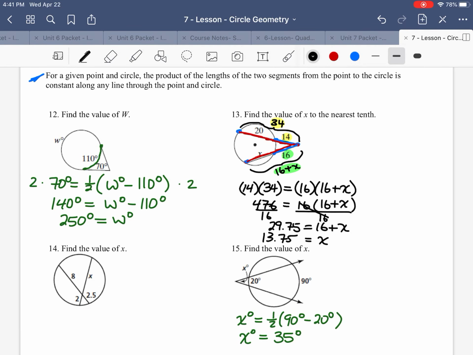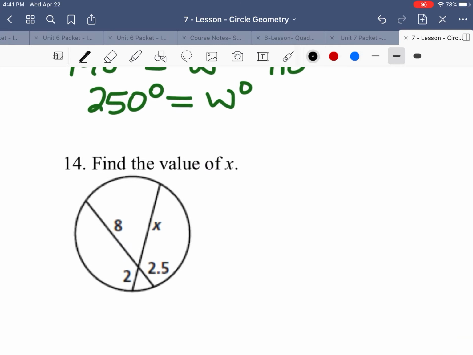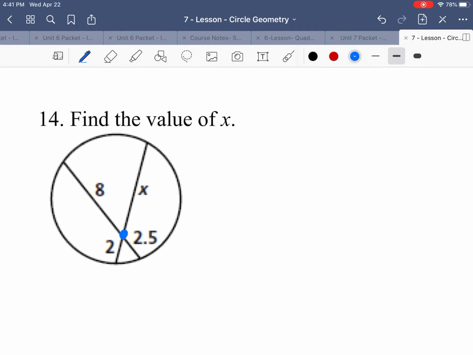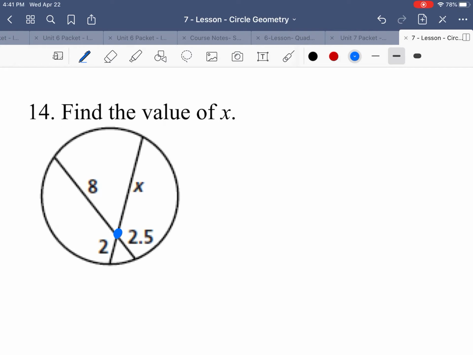All right. Now, again, for a given point and a circle, the product of the lengths of the two segments from the point to the circle is constant along any line through the point of the circle. All right, so here's the point. This one's a little easier because, let me use my line draw tool.